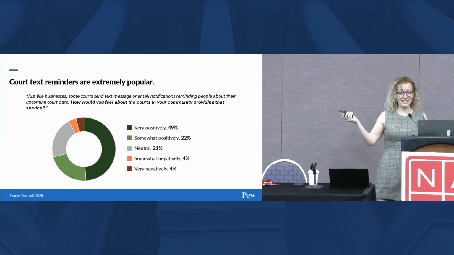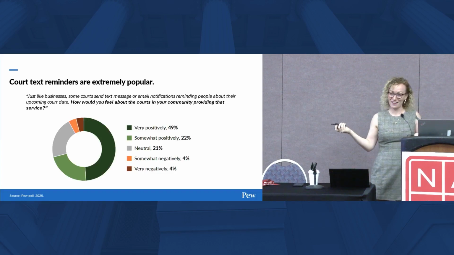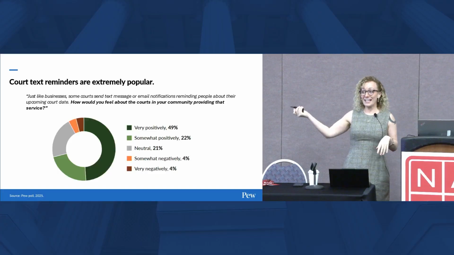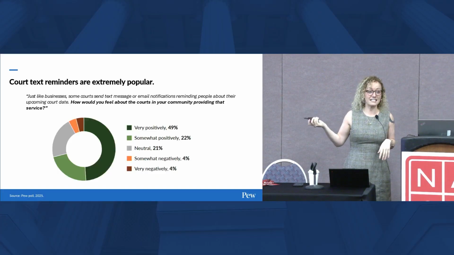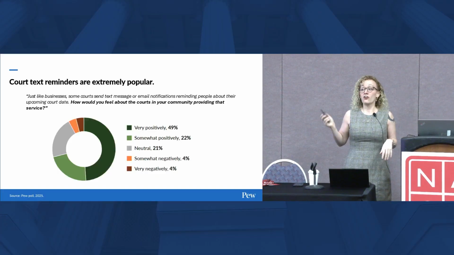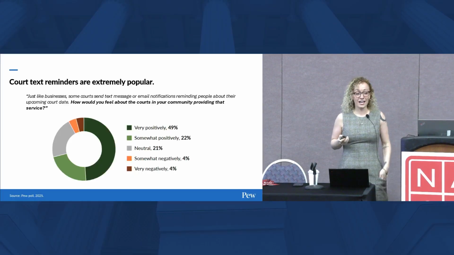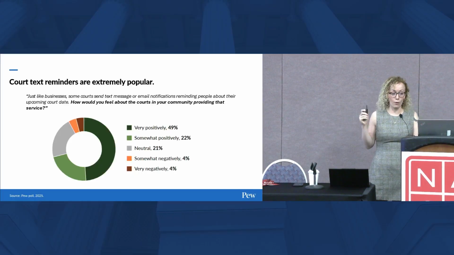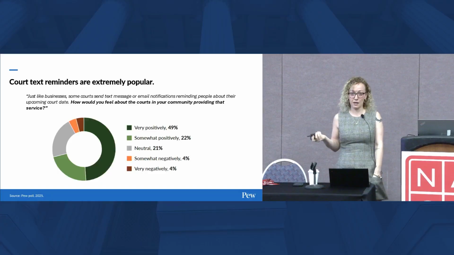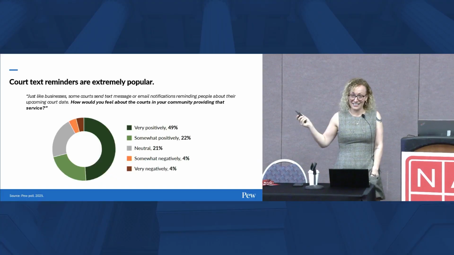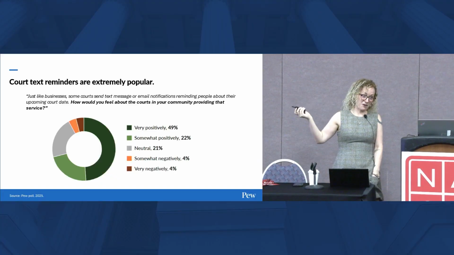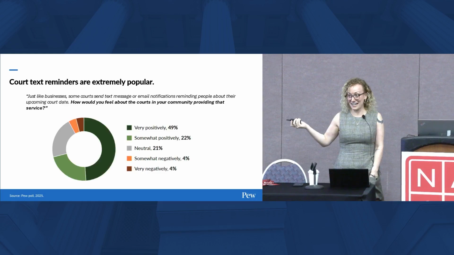And so it makes sense that in the public poll that I have mentioned a couple times today, when we asked if folks supported courts sending text message reminders, the vast majority of people said that they were comfortable with it. And well more than half of people felt positively about it. Again, these are unheard of favorability numbers for public policy. Nothing gets this type of favorability rating.